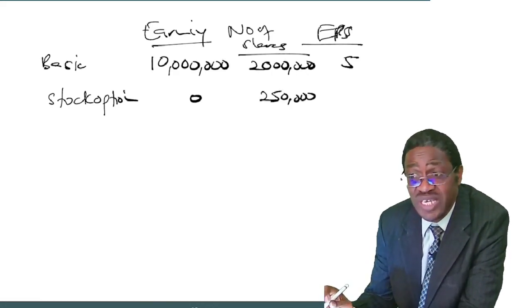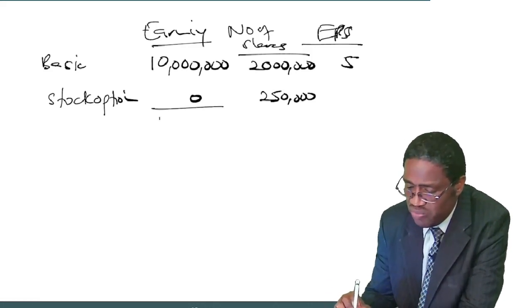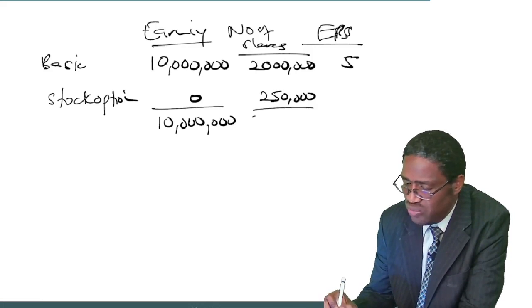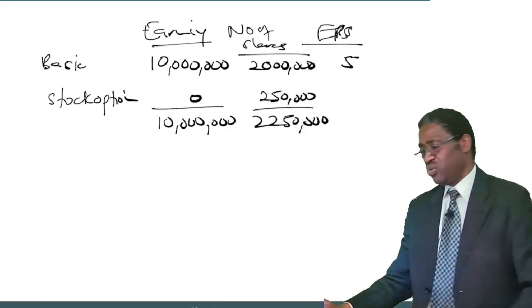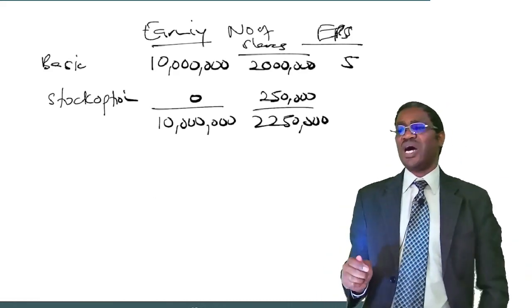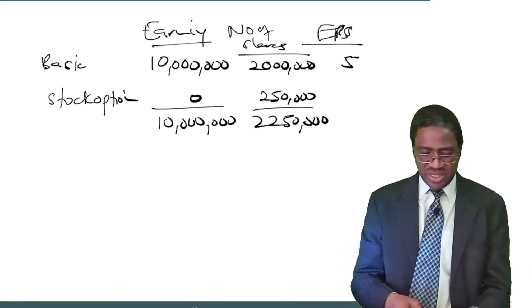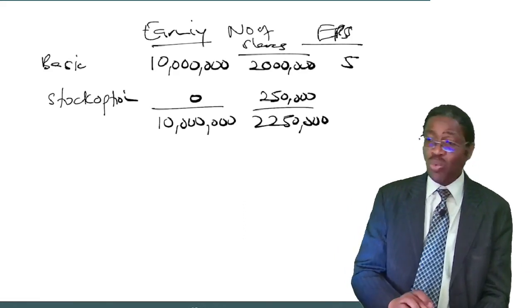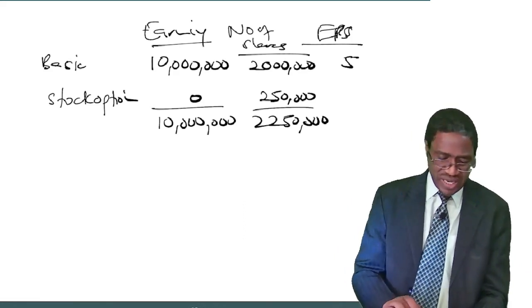Those are the ones we said are dilutive. So this will give me 10 million divided by 2,250,000. Somebody with a calculator, what becomes the EPS now? So let's take the 10 million.